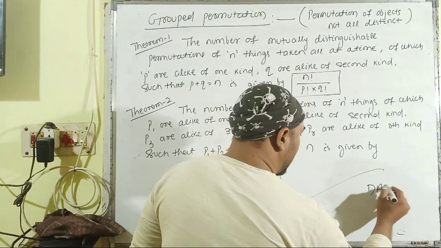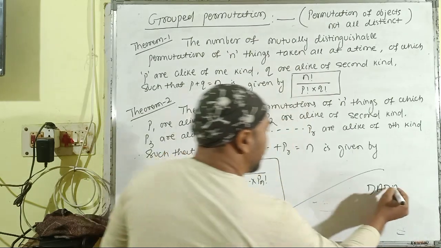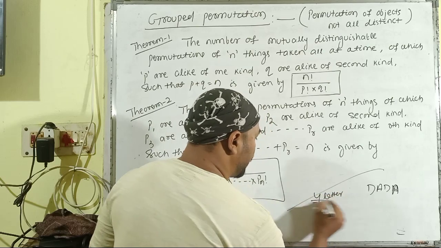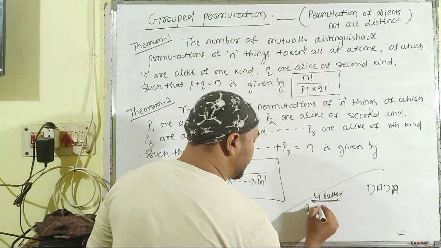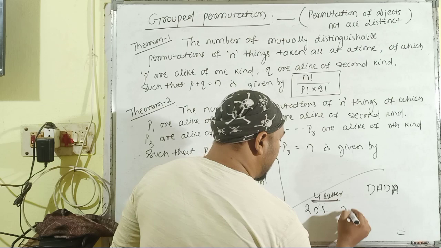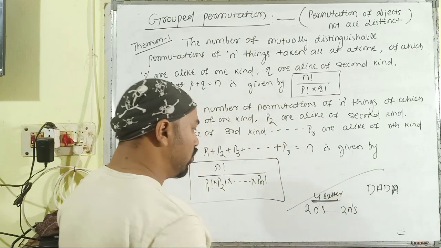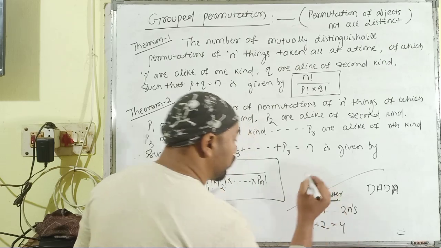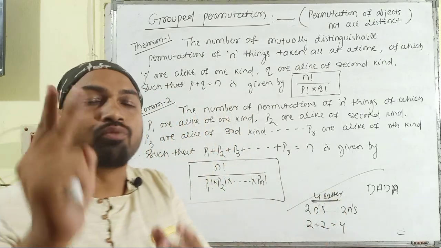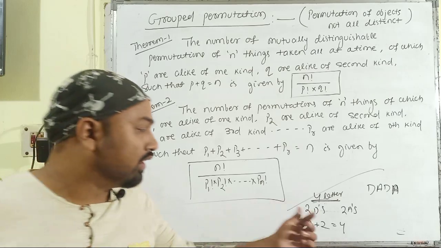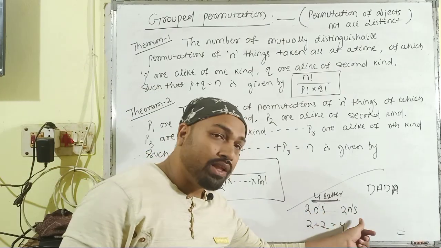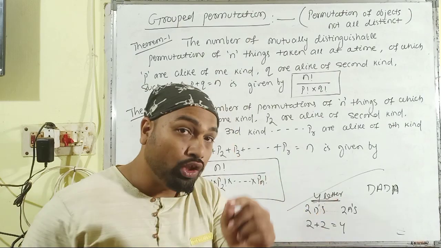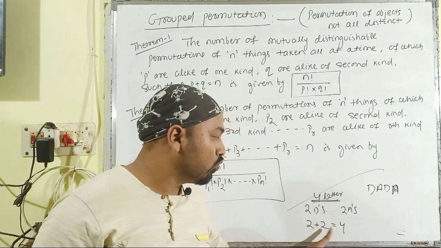Suppose we are considering a word DADA. That means it contains 4 letters. Out of the 4 letters, there are 2 D's. Similarly, there are 2 A's. So the total number of 2 D's plus 2 A's is equal to 4. That means it contains 2 types of letters, and the sum of the total number of D and the total number of A, 2 plus 2, is equal to 4.